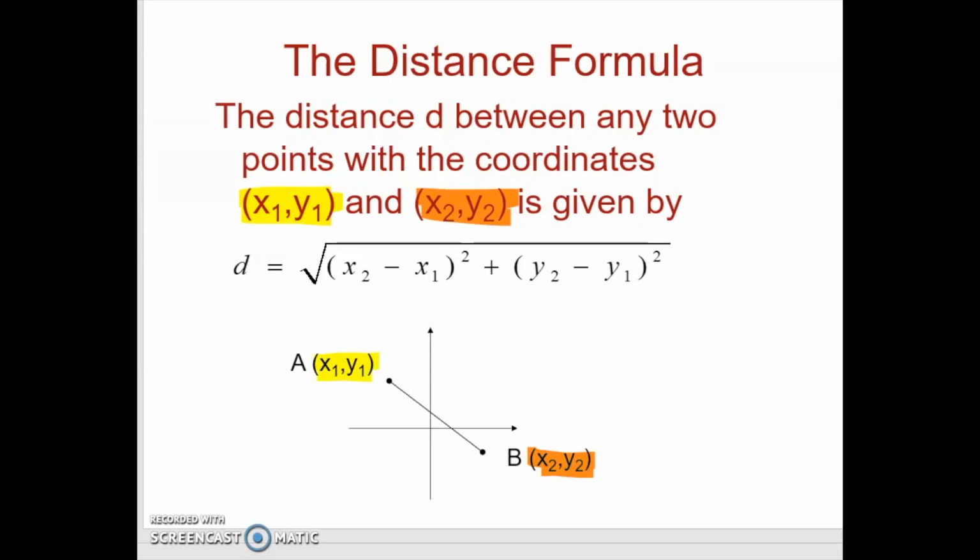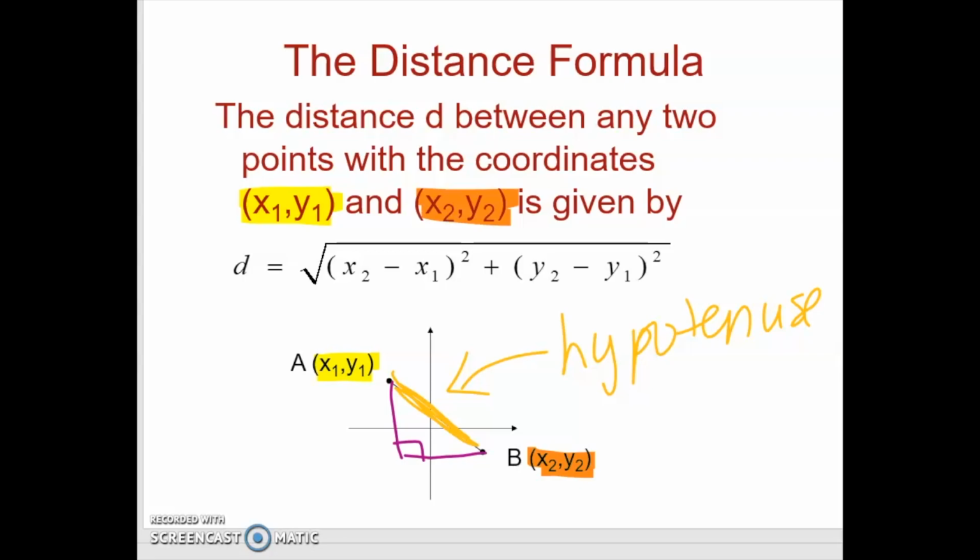Now, if we think about this visually, if we were to draw a line straight down and a line straight across, we would form a right angle. And we can see that the line we're actually looking for the distance of would be the hypotenuse of our triangle. So if we knew the two legs, we could just use the Pythagorean theorem.